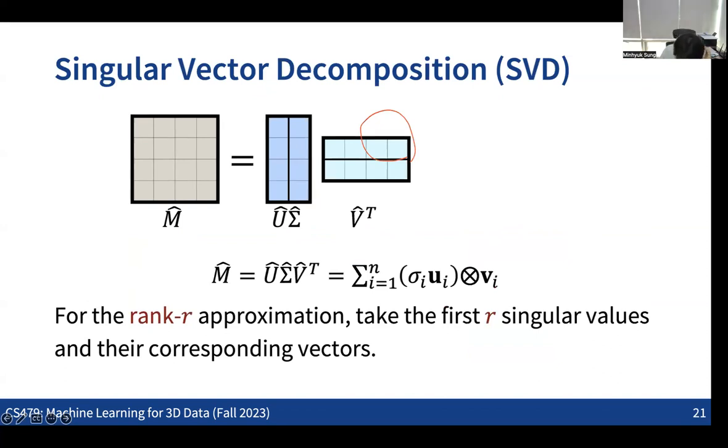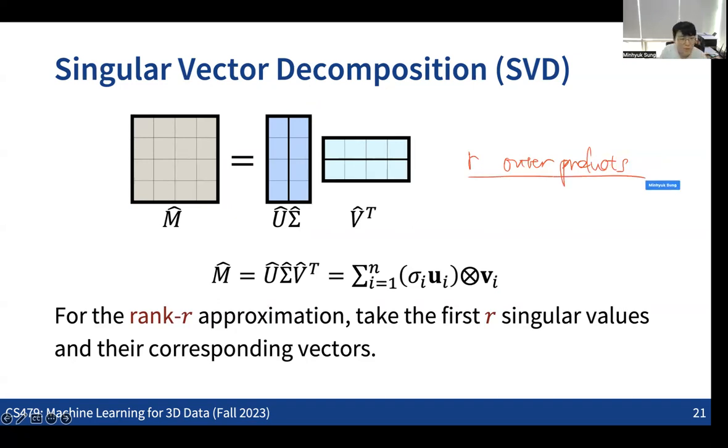Then we can directly compute two thin matrices: one is U times sigma, and the other is V. This gives us a rank R approximation of the given matrix, which is the same as having R outer products, right?